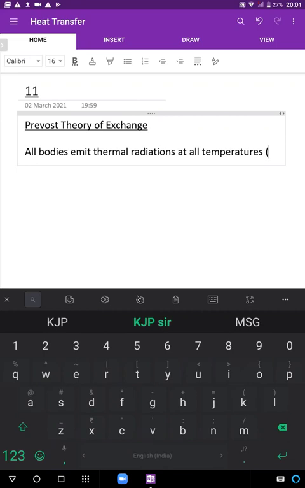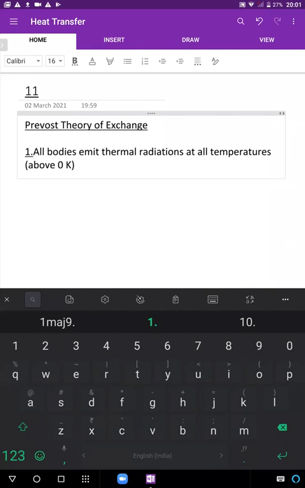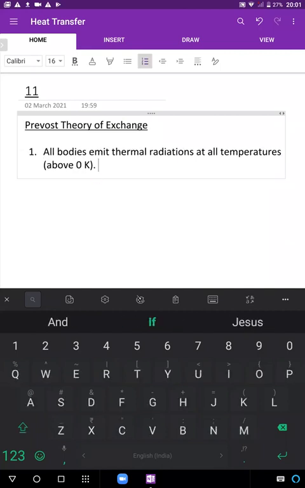So all bodies emit thermal radiations at all temperatures above 0 Kelvin. That's point number 1.